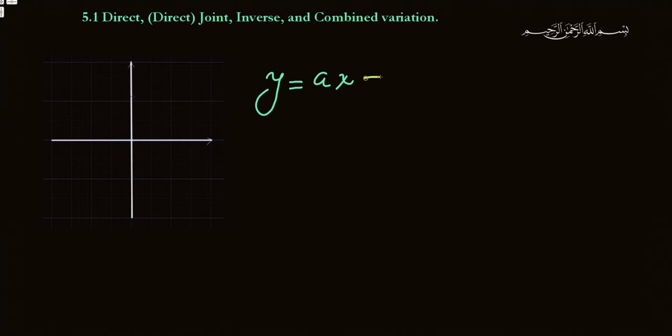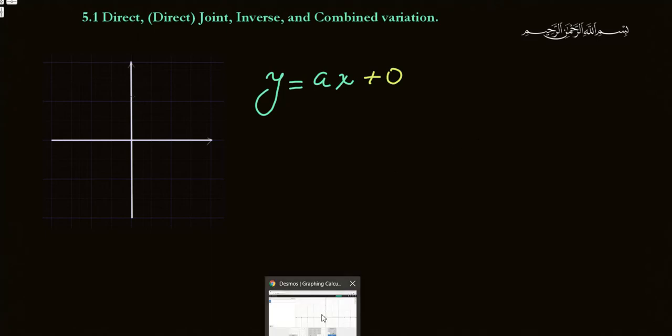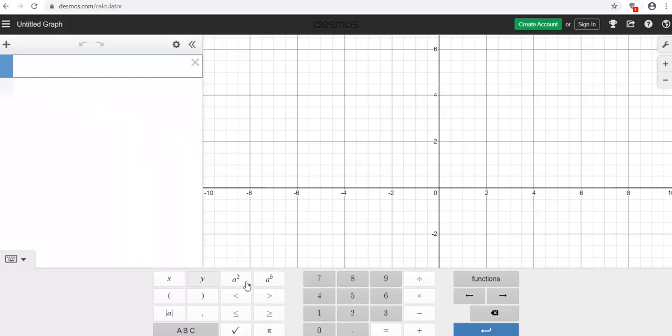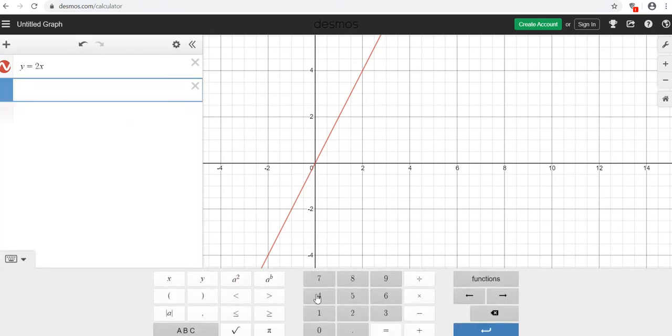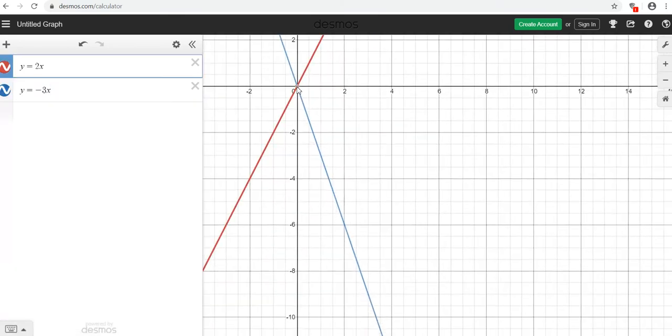So the graphs of direct variation are linear functions starting at the origin. So if you were to graph y is equal to 2x, the graph is a line that looks like this, right? If the constant of variation is negative, of course, like minus 3x, it would still start at the origin, and then it would be going down like this.